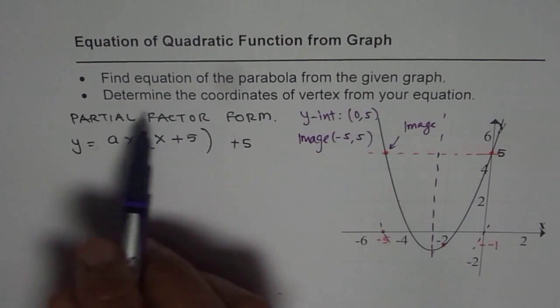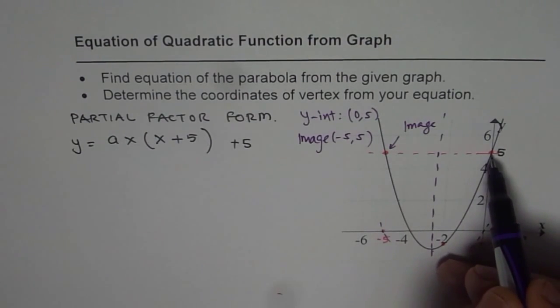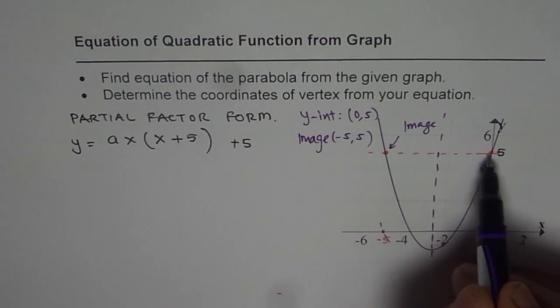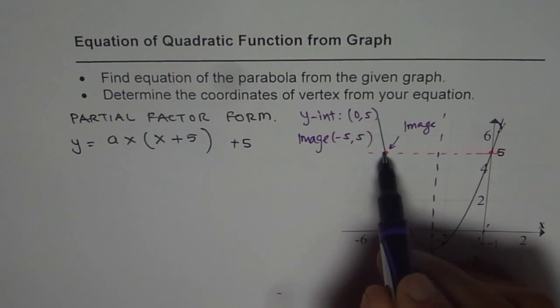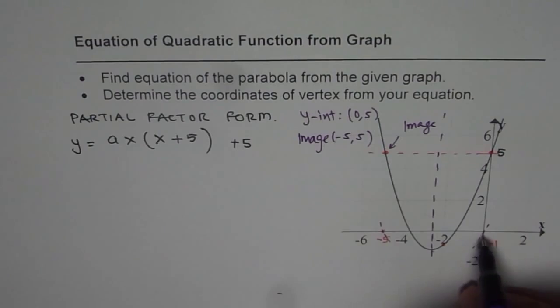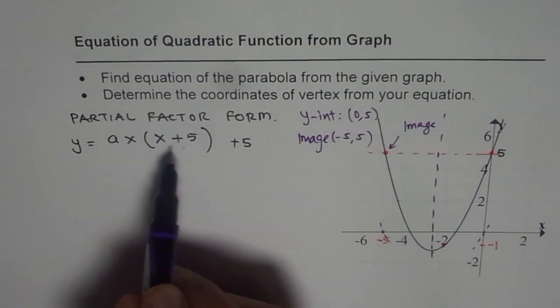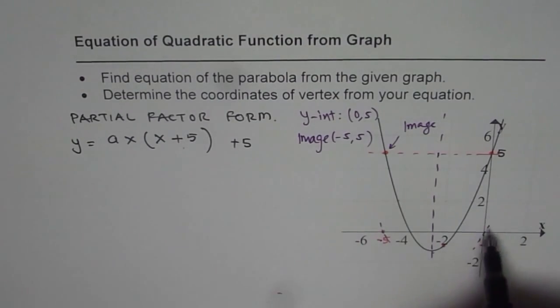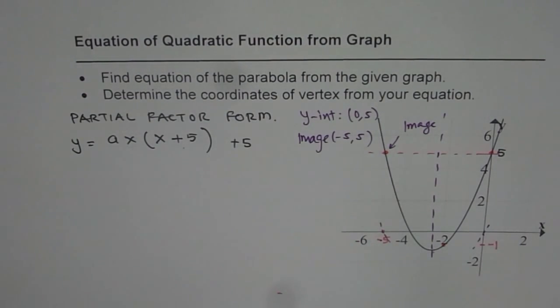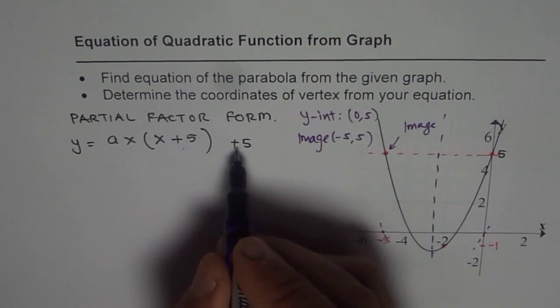But in partial factoring, what we really do is we just pick up the y-intercept and see horizontal line, which gives you that image point, -5 and 0. So 0 and -5 are the 2 factors which will make it 0, right? +5, the value of y. So we get our equation y equals to a times x times x plus 5 plus 5.